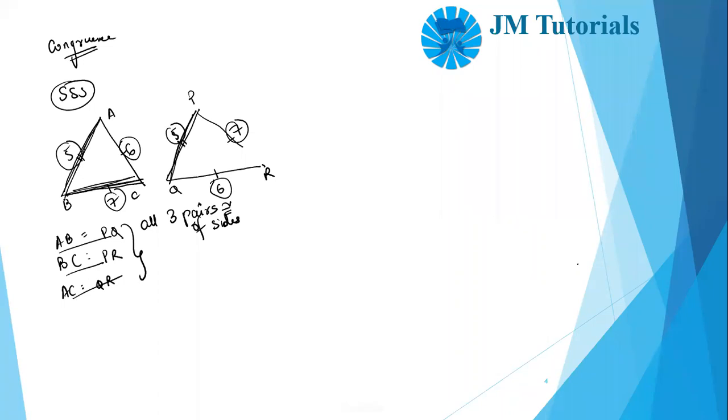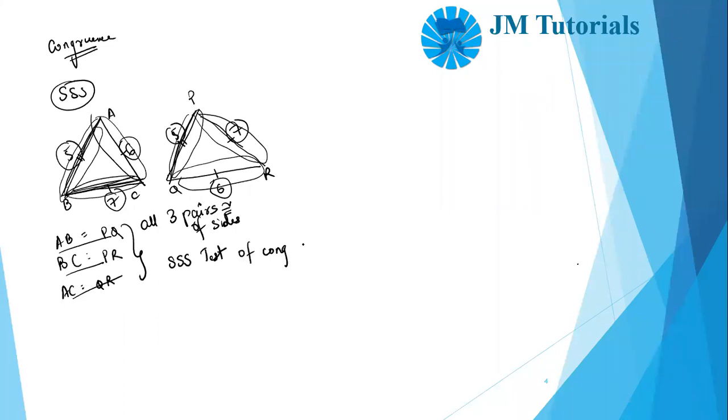There is a 5 over here, there should be a 5 over here. There is a 7 over here, there should be a 7 over here also. There is a 6 over here, there should somewhere be a 6 over here also. If there is a matching side in the second triangle, then it will be congruent by the SSS test of congruence. So yeah, this was about the SSS test.